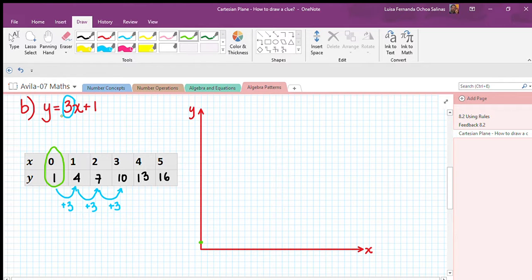So I have to give 1 step to the side, to the right, and then 3 steps upwards. So if I go here, 1, 1, 2, 3, and this is my next point, and then 1, 1, 2, 3, and this is my next point, and then 1, 1, 2, 3.